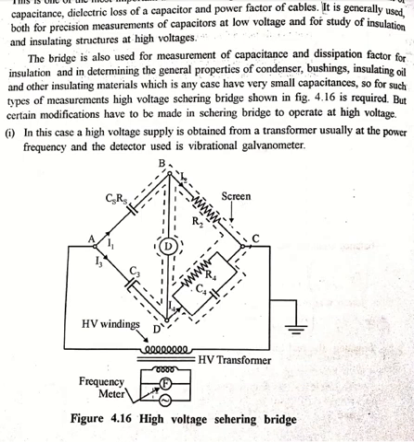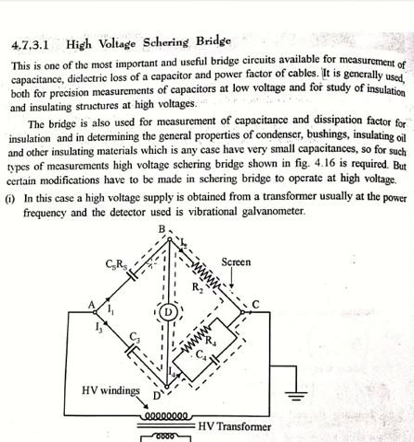Here, in parallel with an AC source, we have our frequency meter, and the supply is given through a HV transformer. For protecting this AC bridge we have earthed it at this point, and this shaded line is the electrostatic shielding done for the removal of the effect of stray capacitance.